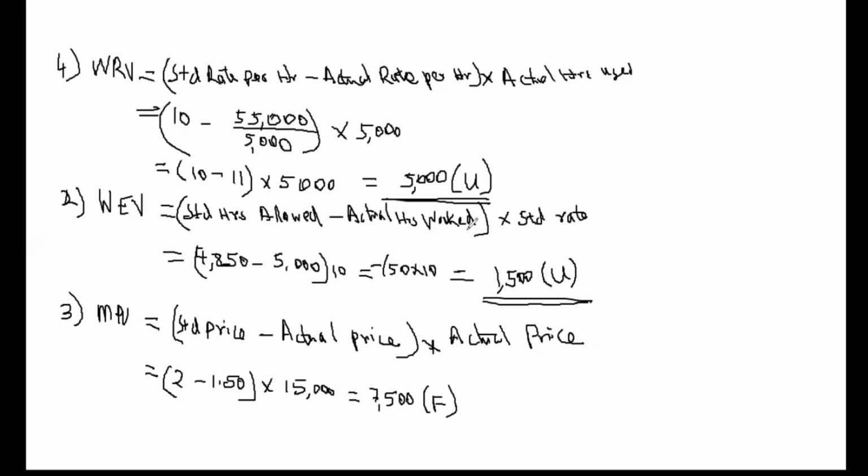But of course, for sales, the interpretation differs. When it's a negative like this, then that is an F. It's favorable because we are supposed to be surpassing the standard. When you surpass the standard, we are doing better for the organization. That's what changes here, because we are analyzing the sales. But when you are analyzing cost, if our benchmark is lower than what is incurred, then it's unfavorable for the organization.